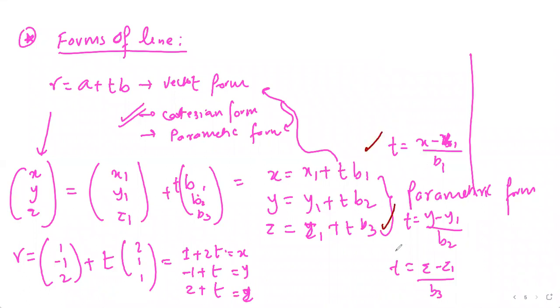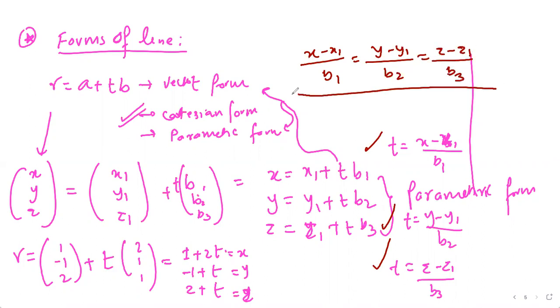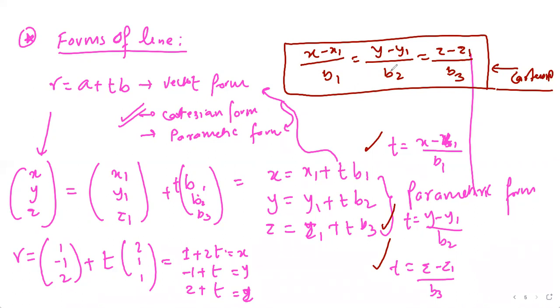So it'll become (x minus x1) upon b1 equals (y minus y1) upon b2 equals (z minus z1) upon b3. So this is also referred to as the Cartesian form of a line. It's very simple if you remember that this passes through x1, y1, z1, and the direction vector is the denominator ratios b1, b2, and b3. It makes life much easier.